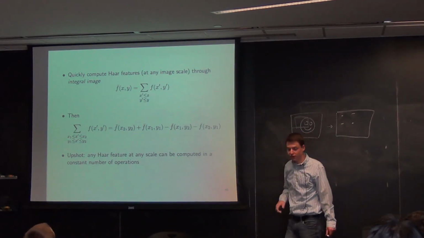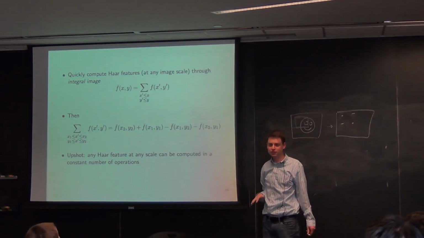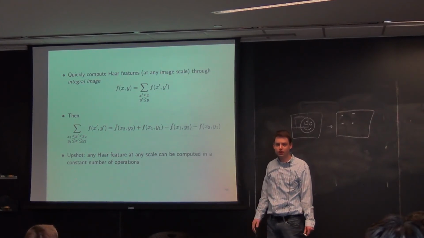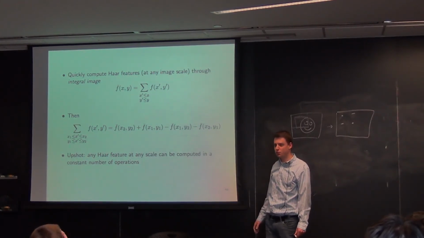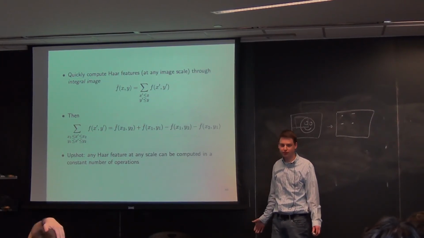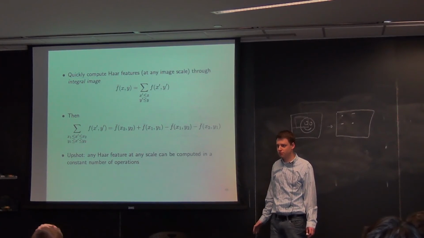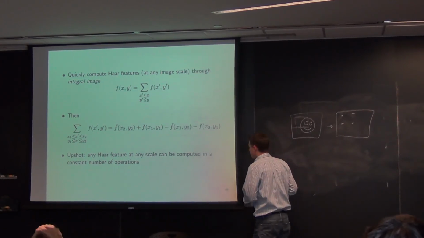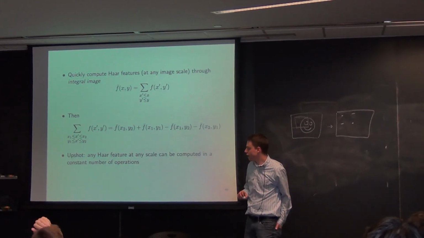You also can compute this very easily because it's just one pass in each direction. It's a cumulative sum operator, so you just keep adding up things as you go. It's one of the more basic possible forms of dynamic programming, is what it boils down to. But it's a very clever trick, and it means that we can evaluate these Haar features at any scale.